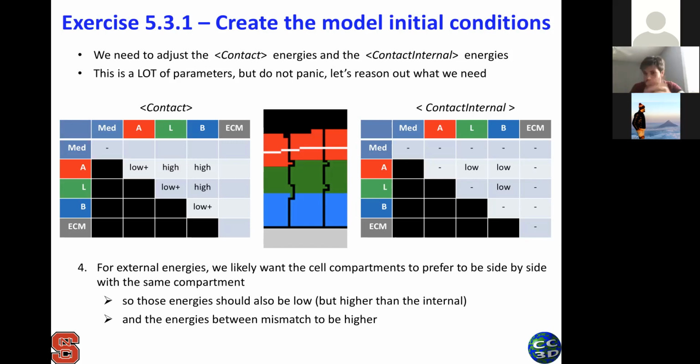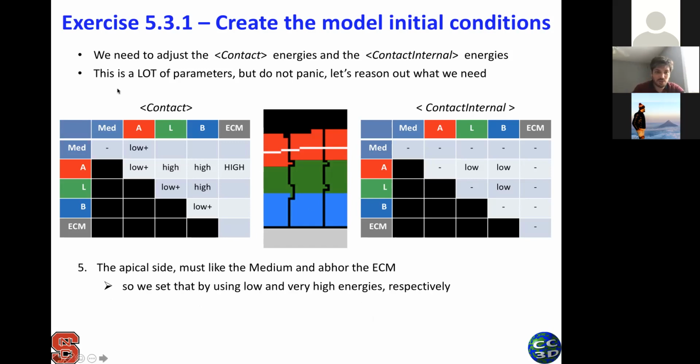So apical with the medium should be low, and apical with the ECM should be very high, to make sure that the cell never flips. You probably don't want it to be as low as the internal one, maybe just as low as the apical to apical. How about that?